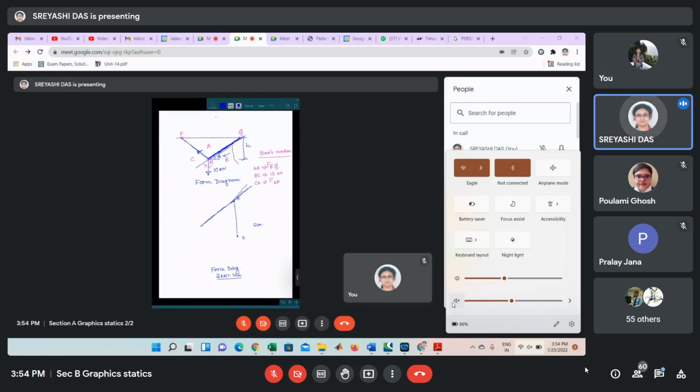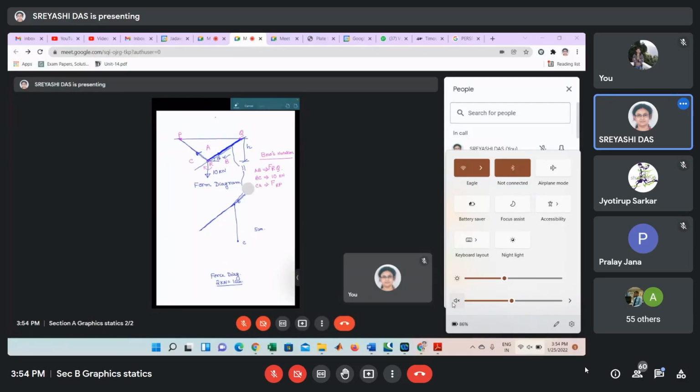This line and this line are parallel. Now we don't know the magnitude of this force.